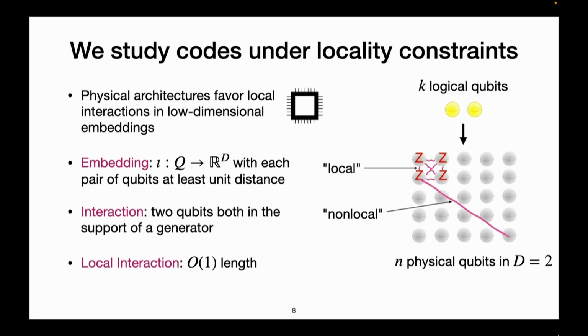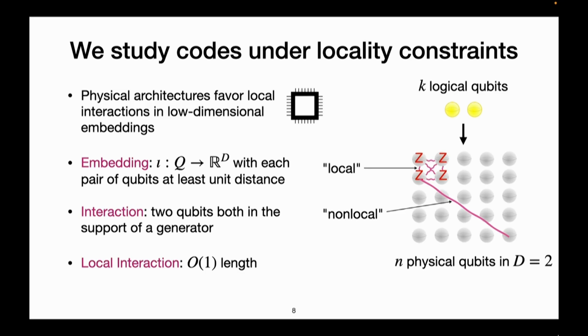For example, the 4 qubits that are interacting in the top left corner, these are local interactions because even if we increase the size of our code, which would correspond to increasing the size of the lattice, these qubits remain neighbors. They're not being moved, so their interaction length stays the same.